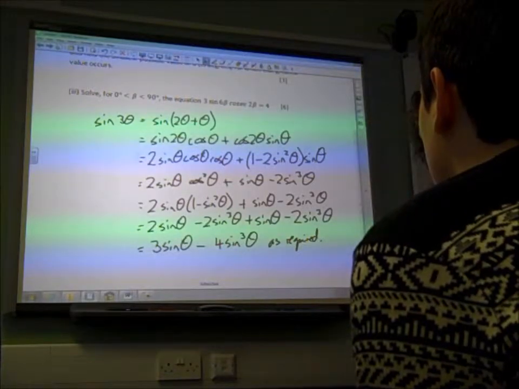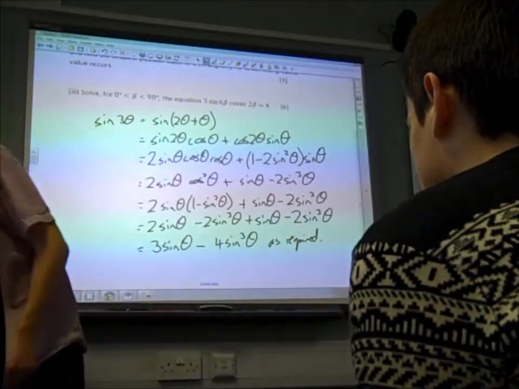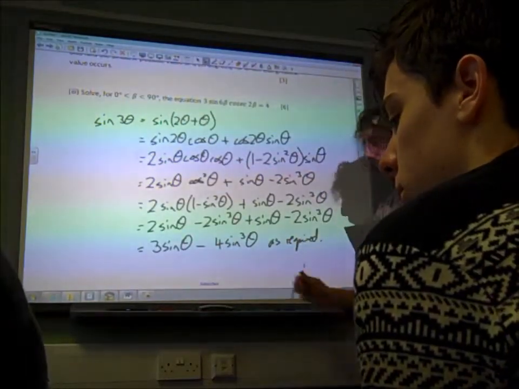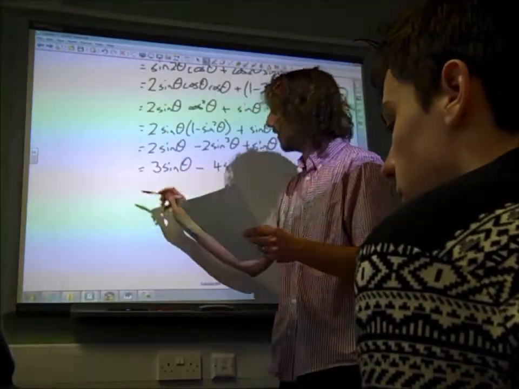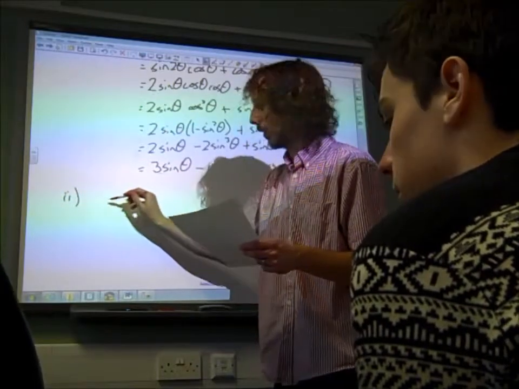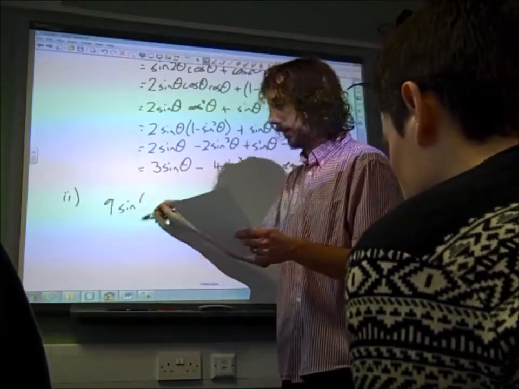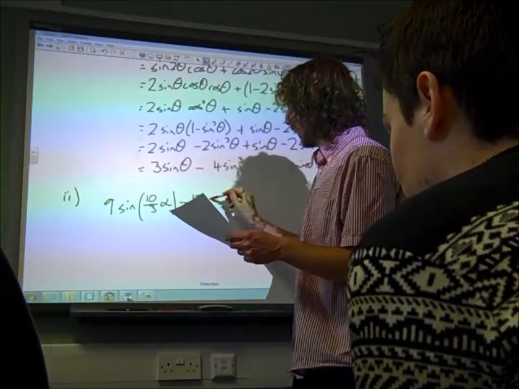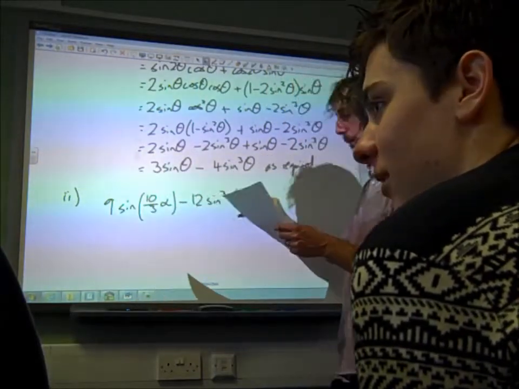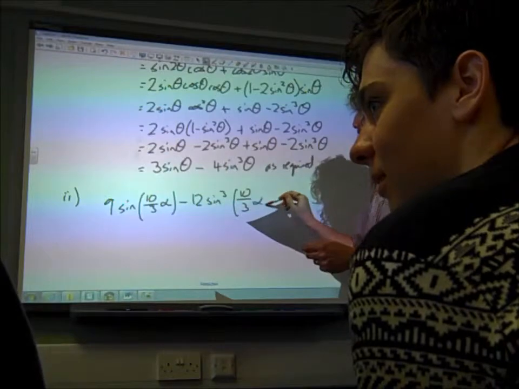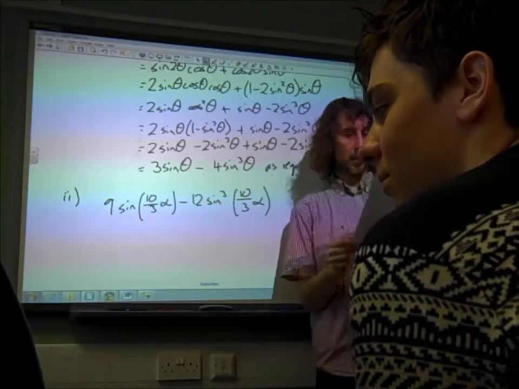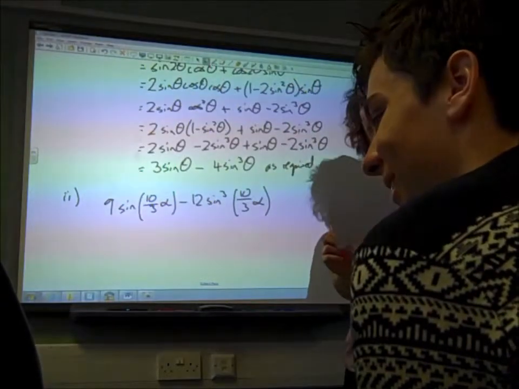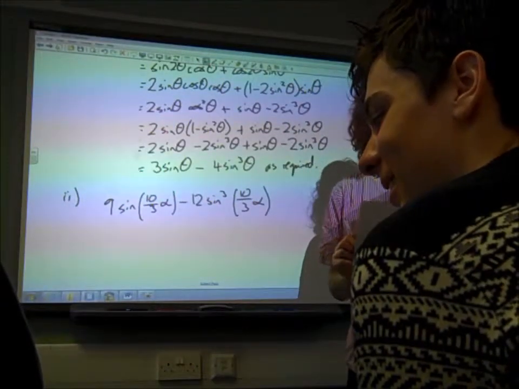Okay, the question then said, determine the greatest possible value of this, 9 sine 10 over 3 alpha minus 12 sine cubed 10 over 3 alpha, and find the smallest possible value of alpha in degrees for which that greatest value occurs.